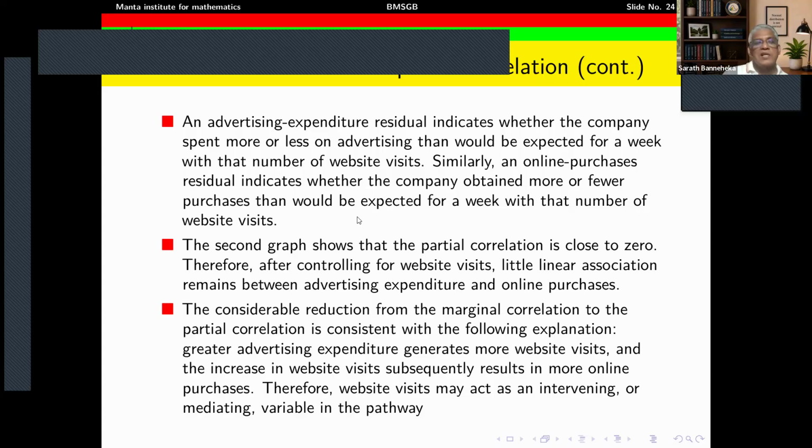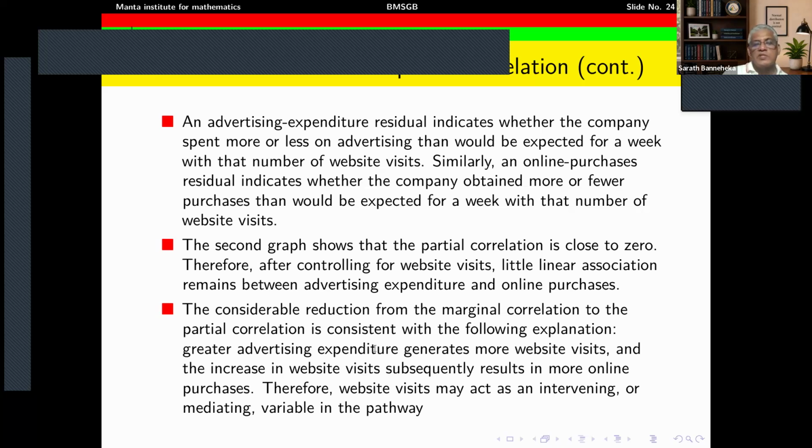variables are highly related with the previous two variables somehow. But the way that it is related is not the same as in the previous situation, as we will see in the next slide. The considerable reduction from the marginal correlation to the partial correlation is consistent with the following explanation given here.